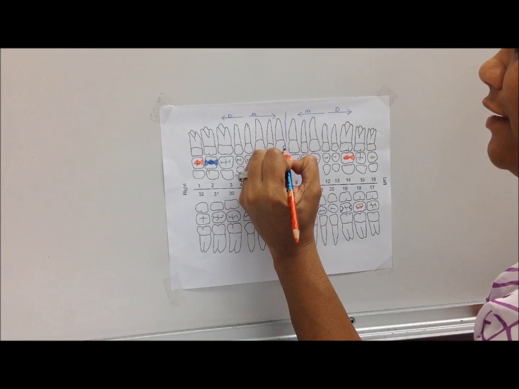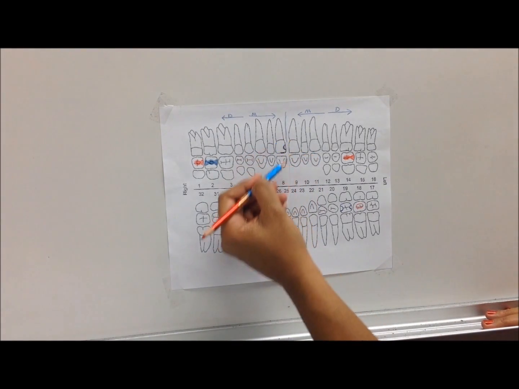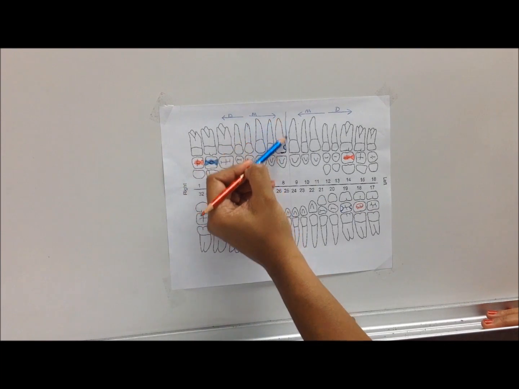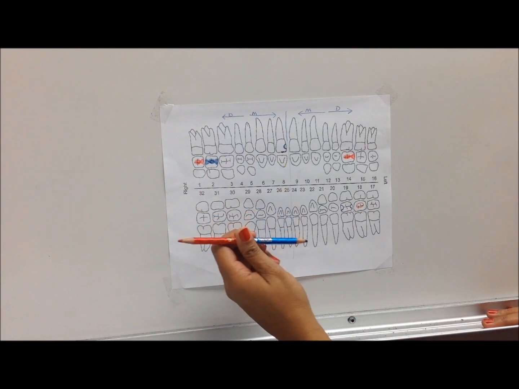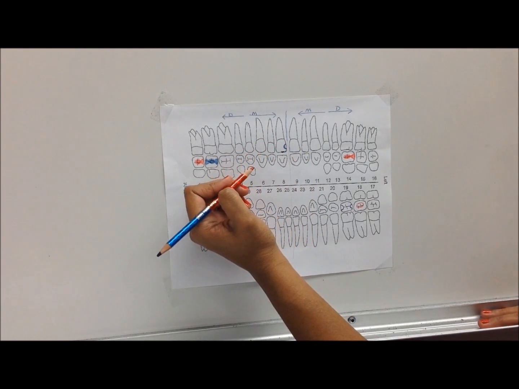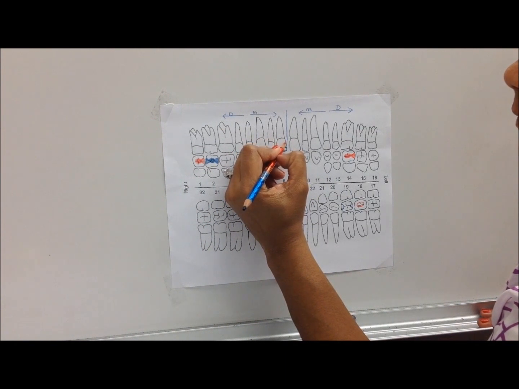So I'm going to outline it here. That is a composite. It's already existing, and it's on the mesial surface. There's the M, the arrow pointing toward the midline. Now, what makes it faulty is that it starts to decay underneath the filling material. And so you outline it in red.